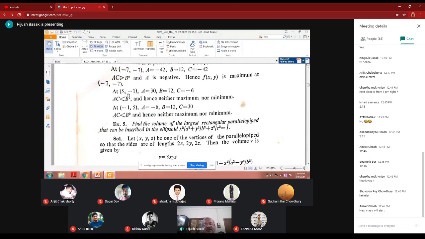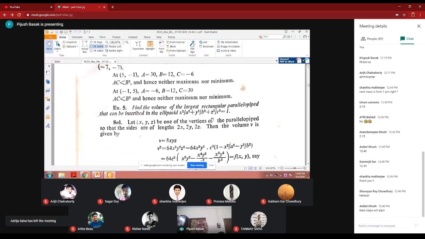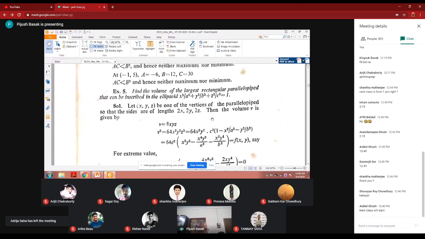And at the point 5, minus 1, neither maximum nor minimum. Or at the point minus 1, 5, because of this condition, AC less than b square, neither maximum nor minimum. So this type of problem you are supposed to handle.